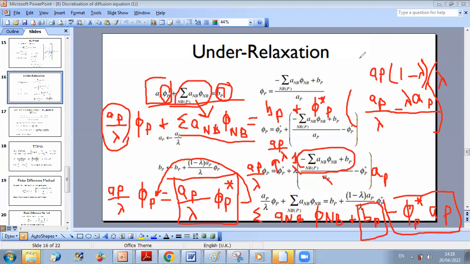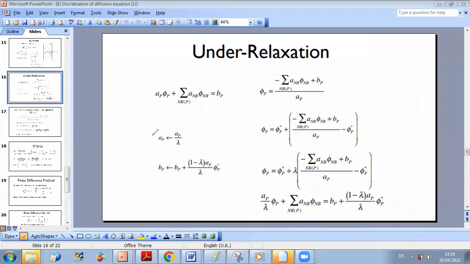This means that when you want to do under relaxation, you should alter the coefficients of phi P. Instead of AP, you should use AP over lambda. And instead of BP, you should use BP plus 1 minus lambda AP over lambda phi old.